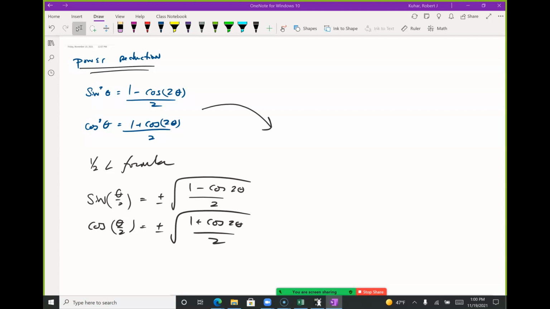I'm sorry. I think it's just cos of theta. Yeah, let me just double check. Sorry. You can see the relationship between the power reductions and these. Don't look too hard, okay? Because we'll make sure you get to Calc 2 before we start torturing you with Calc 2 stuff.